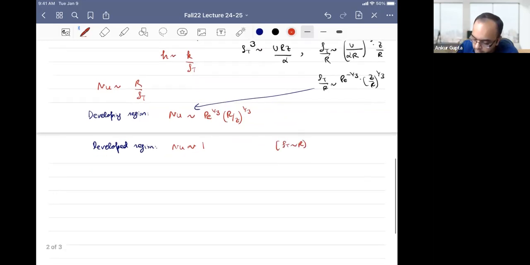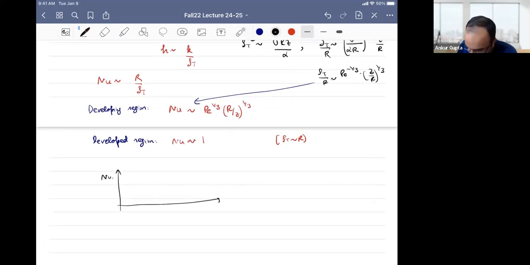And so if I was to plot the value versus Z, I will get something like this. It's a high value at small Z, and then it saturates and becomes some constant value.